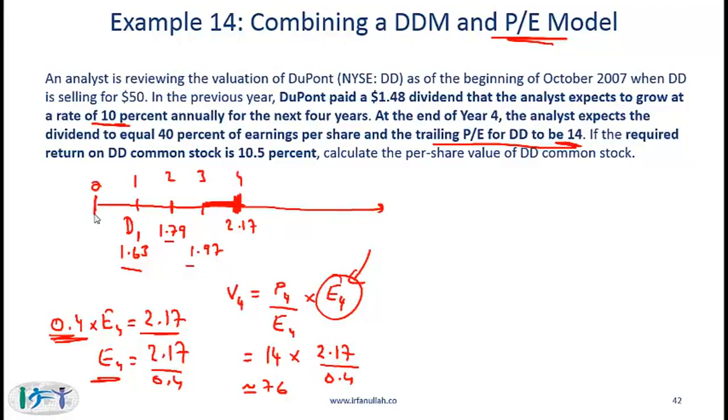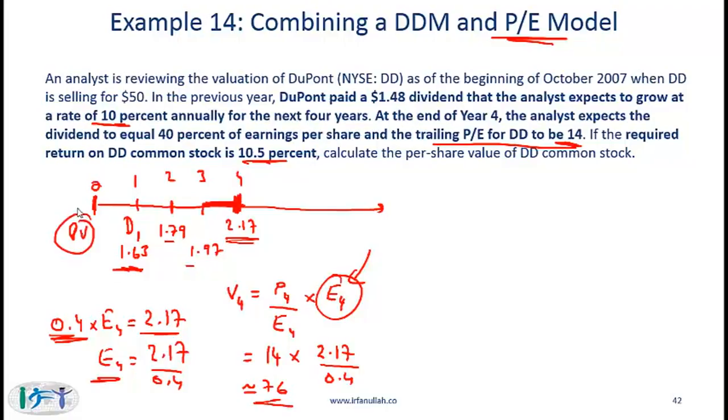So as an investor sitting at time 0, you can use 5 cash flows, and this is what you would plug into your cash flow register. Cash flow 1 is 1.63, cash flow 2 is 1.79, cash flow 3 is 1.97, and cash flow 4 would be this dividend of 2.17 plus the value of 76. The sum of the two numbers would be cash flow 4, and then using a discount rate of 10.5%, you will compute the present value at time 0.